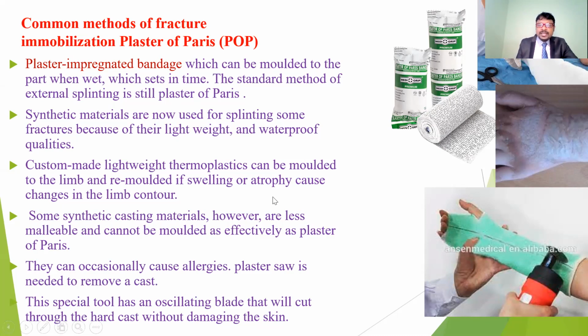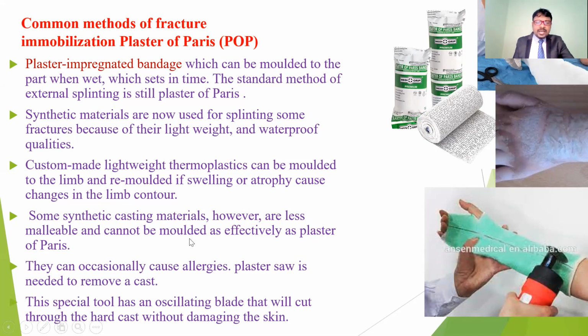Custom-made lightweight thermoplastic can be molded to the limb, or remolded if swelling or atrophy causes changes in the limb contour. Sometimes the patient cannot maintain the limb properly in a heavy POP, so in those conditions we give custom-made lightweight thermoplastics to maintain the joint in the proper position in case of swelling or atrophy. This is also one of the immobilization methods.